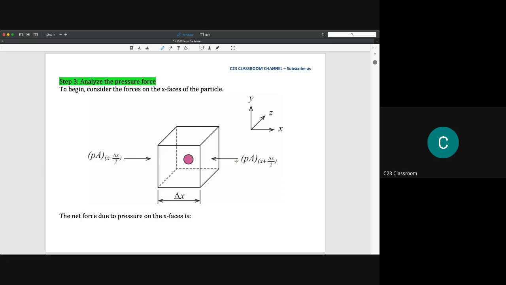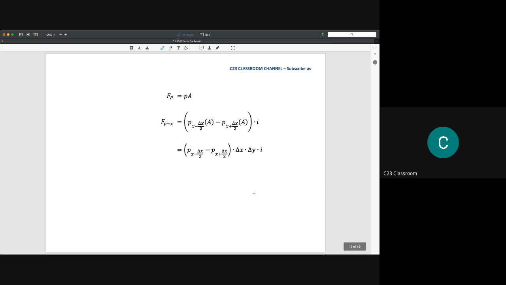So I think okay. I simplified this one because I'm not showing you the whole calculation; the main idea is to understand how the Navier-Stokes equation is developed. So the pressure force equals pressure times area.